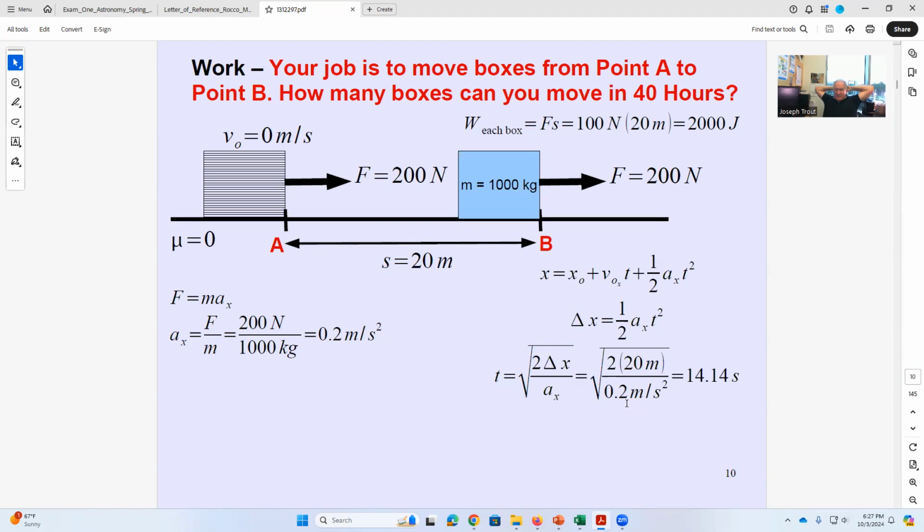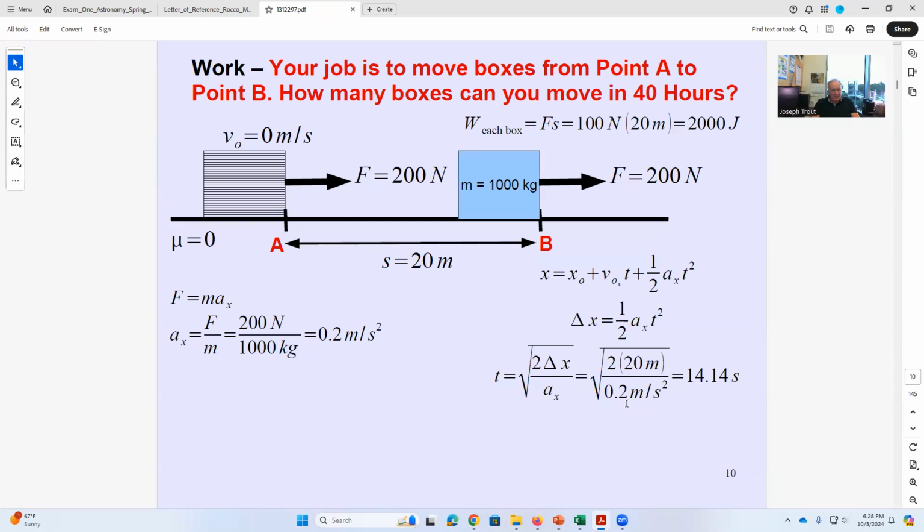Let's say we start from x naught equals 0 and our velocity is 0, and we drag the box across the floor. So we find the time is equal to the square root of 2 times delta x divided by the acceleration. So this will be 2 times 20 meters divided by 0.2 meters per second squared, or about 14.14 seconds.